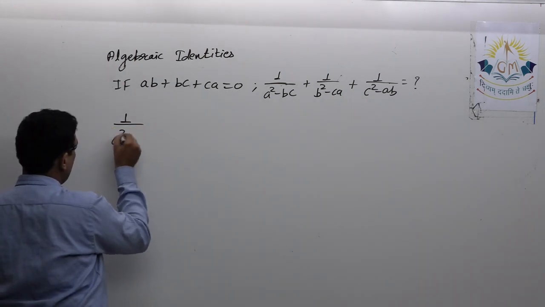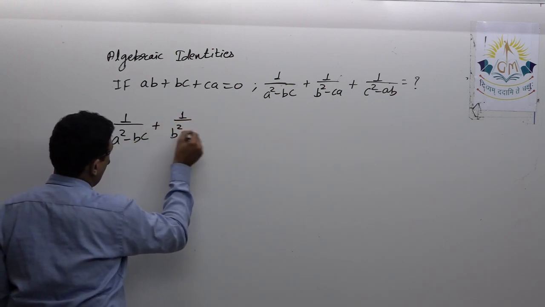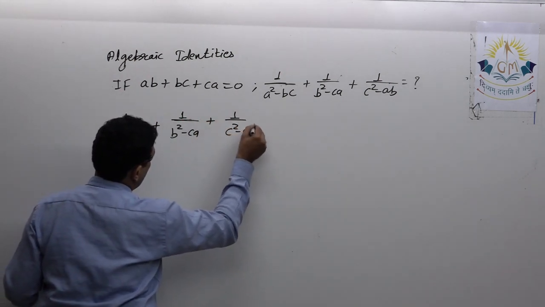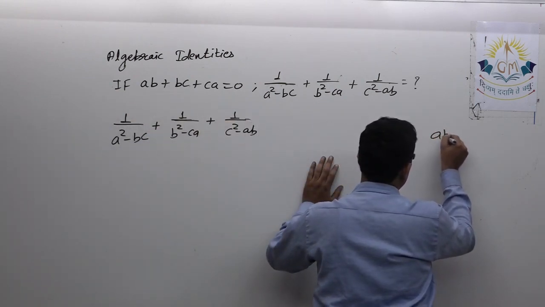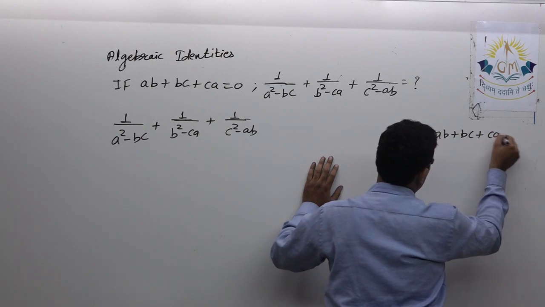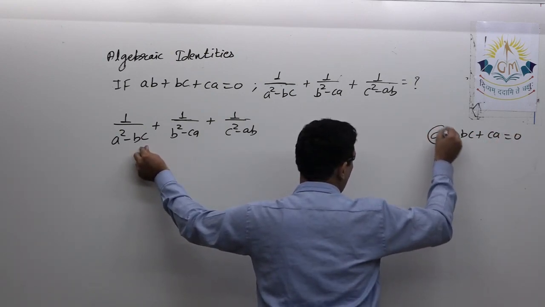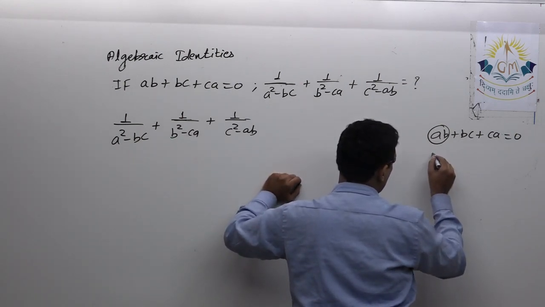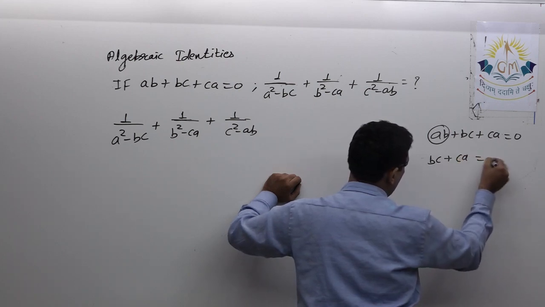I am writing this expression first as it is, plus 1 upon B square minus CA plus 1 upon C square minus AB. Now see, in this expression I have AB plus BC plus CA equal to 0. So if I take AB to the other side, I get BC plus CA is equal to minus AB.